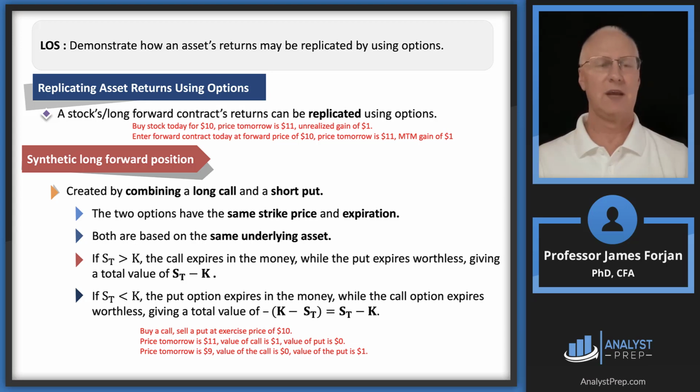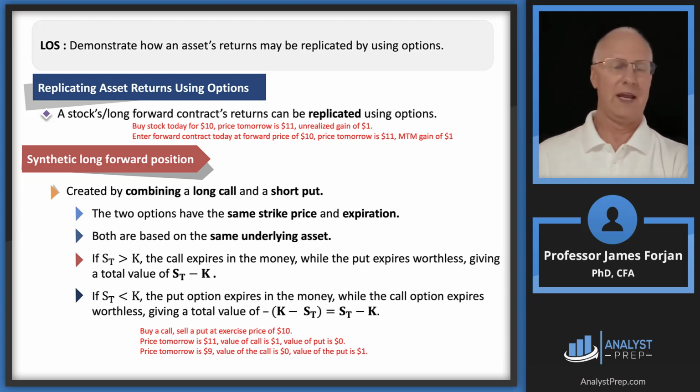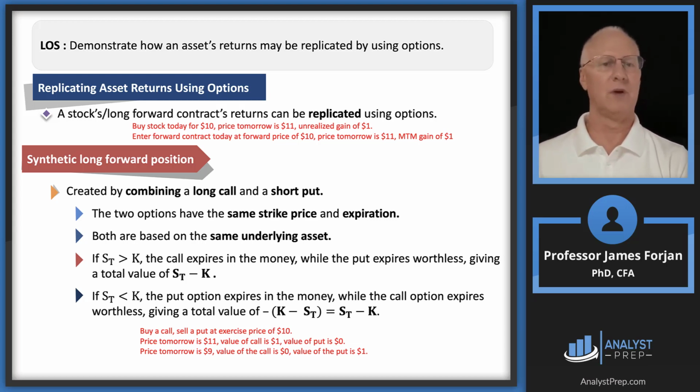If you buy a stock today for $10, and the price tomorrow is $11, you have an unrealized gain of $1. Of course, you could sell it and have a realized gain, but that's not too important, right? Or we could enter a forward contract today. There's the long forward at a price of $10. And if the price tomorrow is $11, then that mark to market, and this could be a forward or a futures contract, right?